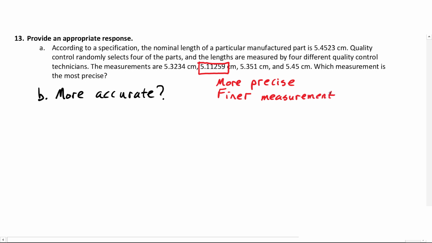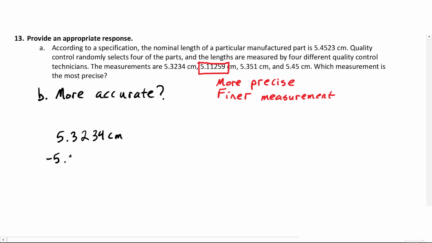So it has more to work with as far as precision is concerned. For the more accurate, we need to compare the measurements to the true value to see which one is closer.